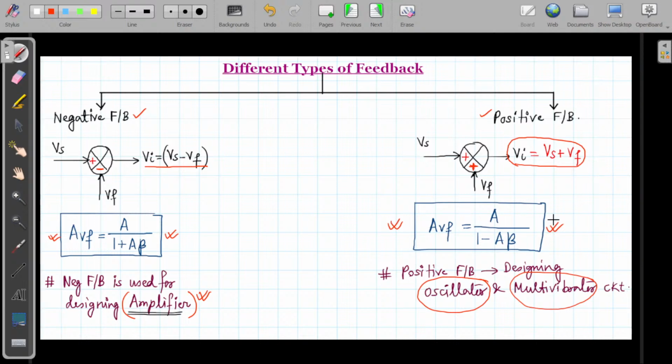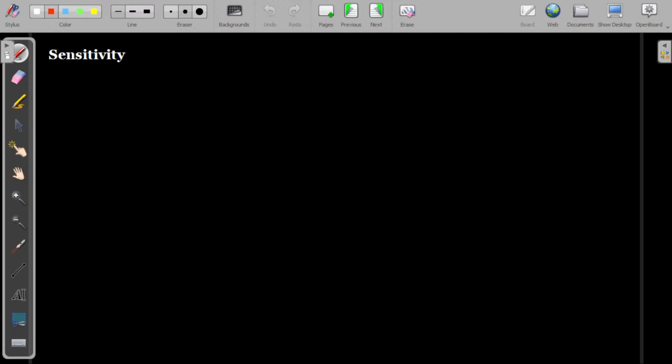Now we have to go through some other parts also. The next part is sensitivity. This is very important. So what is sensitivity? Sensitivity is defined by S, and S is a ratio of the change in the gain of the basic amplifier.